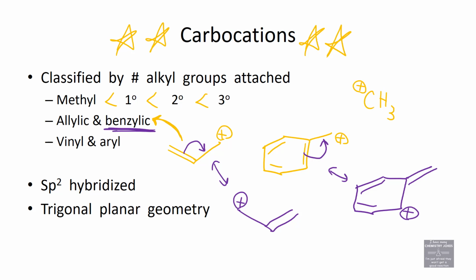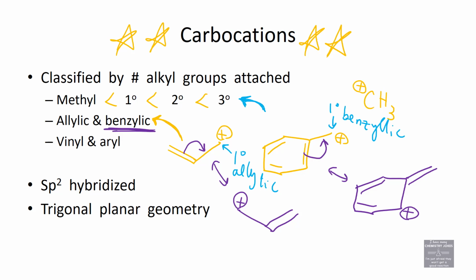Okay, these carbocations are both allylic and benzylic, but you also need to classify them according to being primary, secondary, and tertiary. So this is a primary allylic carbocation. This is a primary benzylic carbocation.